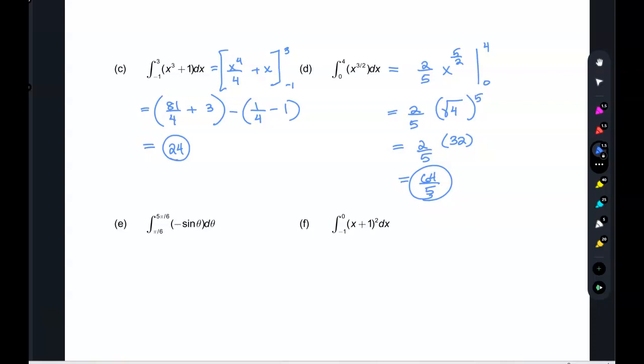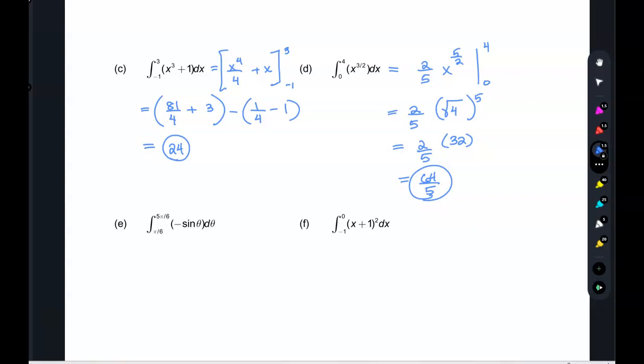Oh, you can do this in your head. Here, look. 81 fourths minus 1 fourth is 80 fourths, which is 20. Plus 3 is 23. Wait, can you divide 81 by 4? No, don't. Don't make more work for yourself, because if you have 81 fourths plus 3, and then when I plug in this, I get 1 fourth minus 1.